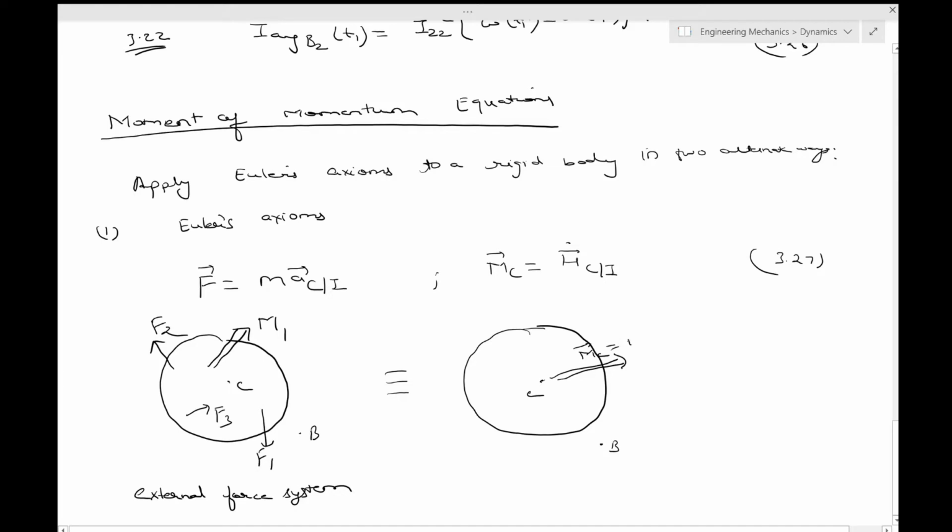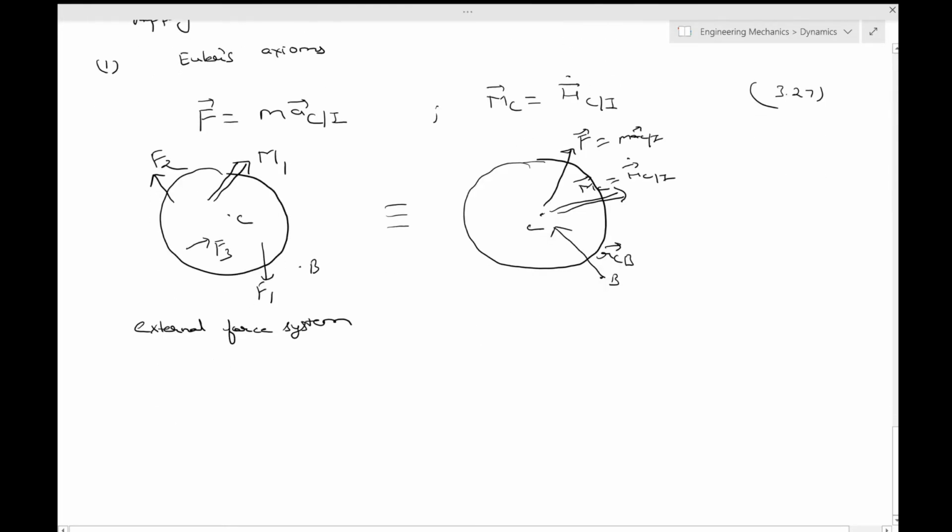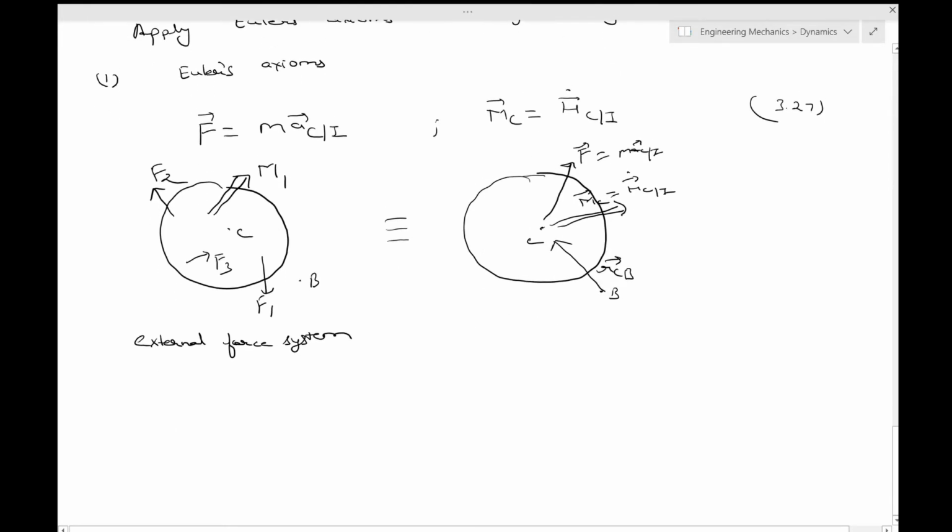This will clearly be equal to H dot CI, and you will have F. This will be equal to MACI. And then this vector would be called RCP. So that's the first way of writing Euler's axiom, equation 3.27, as you see.